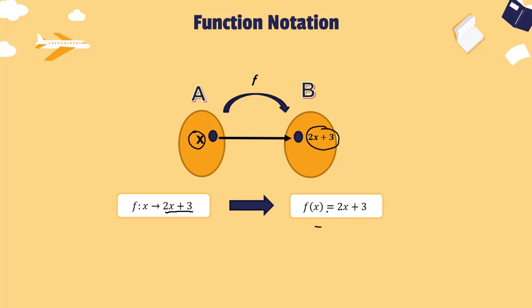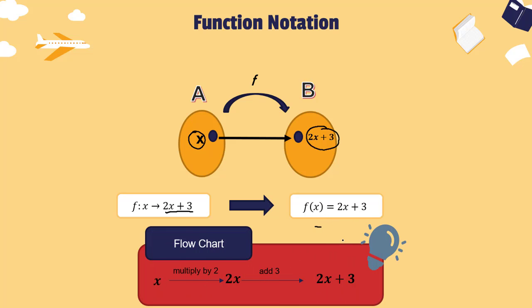Or we can use the flow chart. This is the flow chart. x is the input, and after that we have to multiply by 2, and after that we have to add 3, and we will get the output, or f(x), or the image of x, or 2x plus 3.